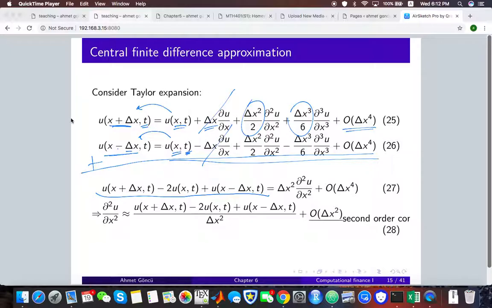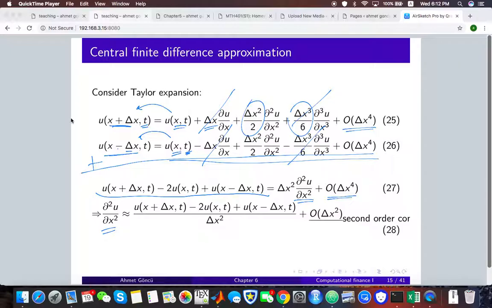What we get is the second order derivative, and again these terms cancel each other, so you get big O delta x to the 4. Our goal here is to get an approximation for the second partial derivative.